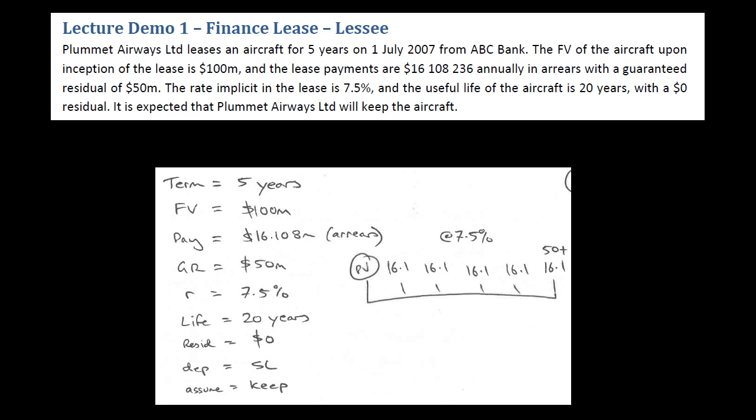It's obviously not for a major part of the useful life, but we're still going to call it a finance lease. And the residual at the end of 20 years is 0. Even though we didn't put it in there, we're going to assume the depreciation method is straight line, and it is expected that they are going to keep it.